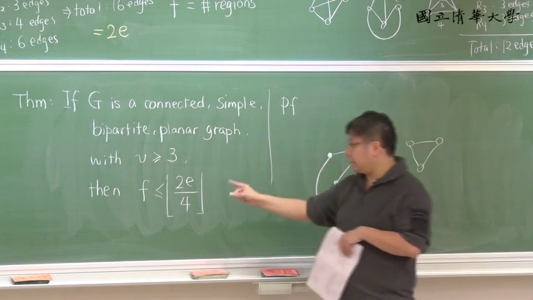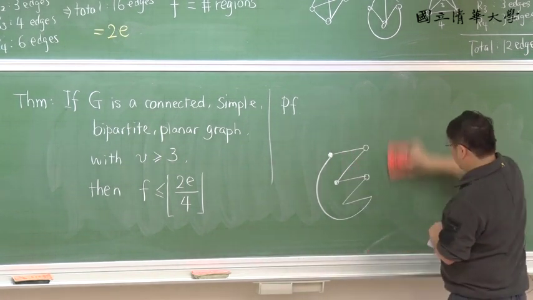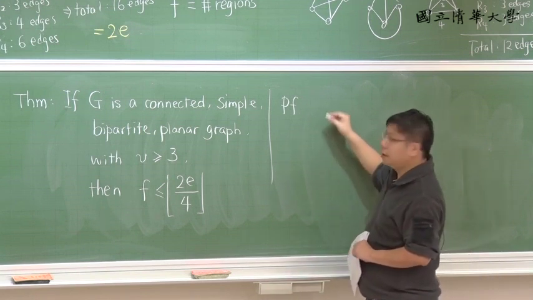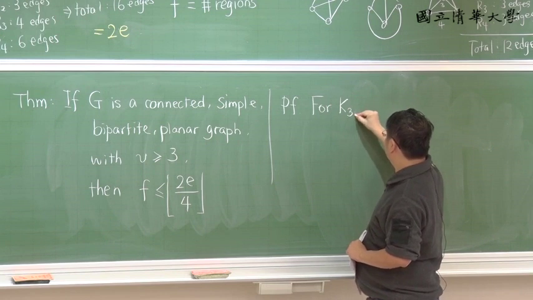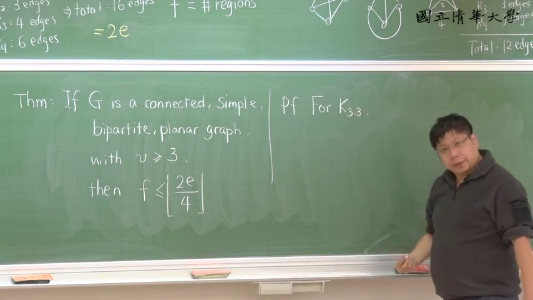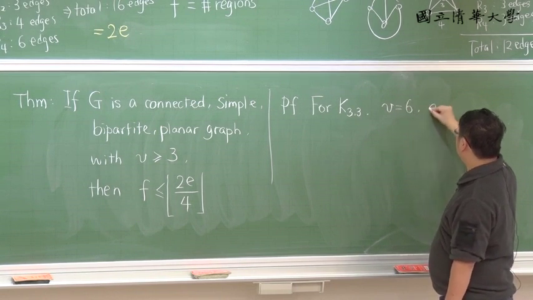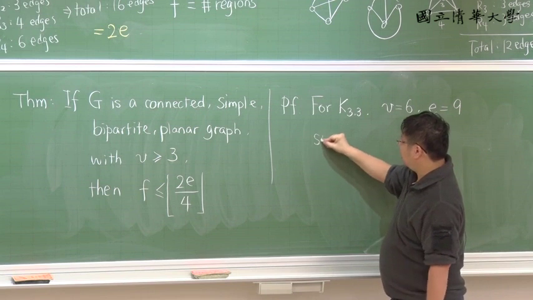Now, let's check K33. For K33, we have V equal to 6, E equal to 9.